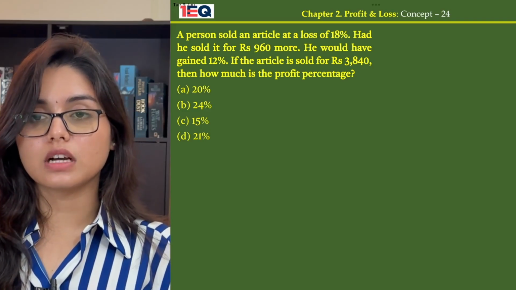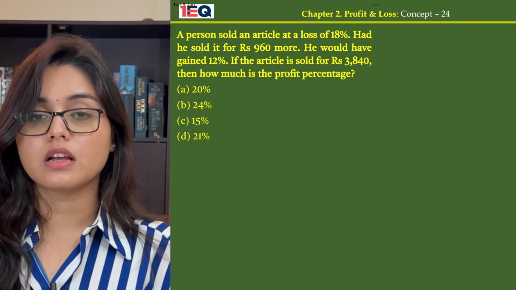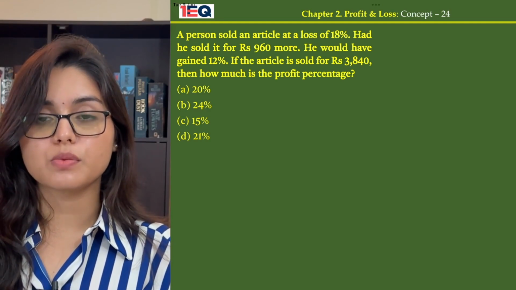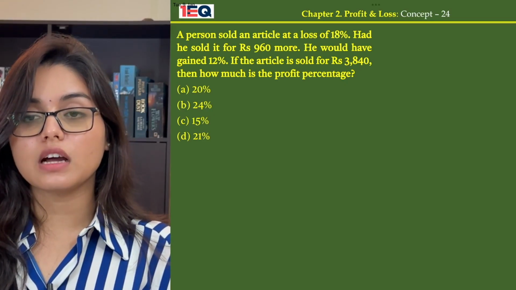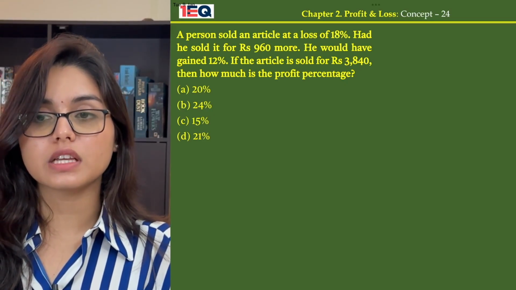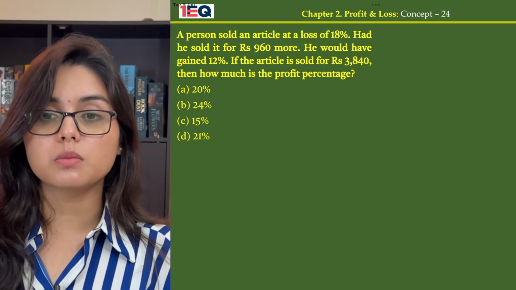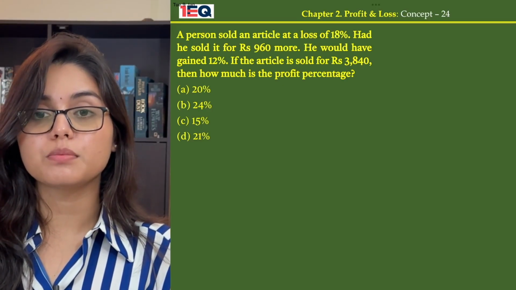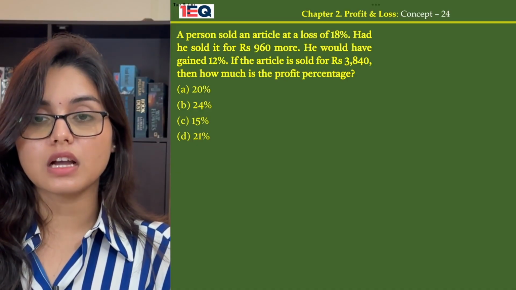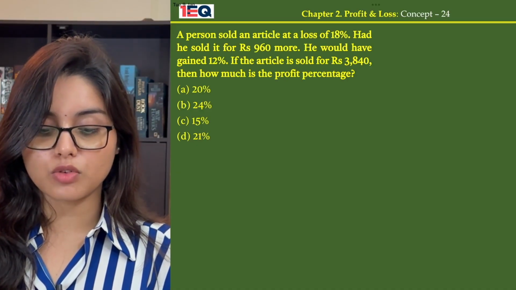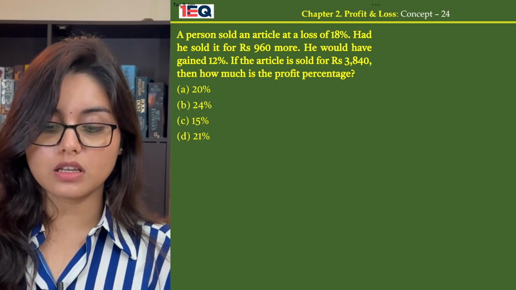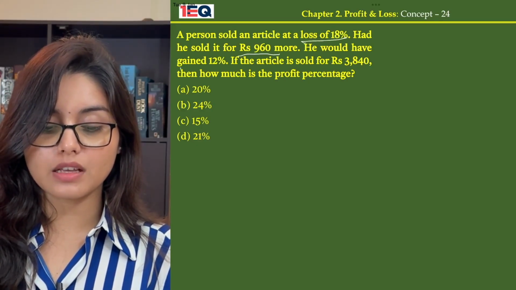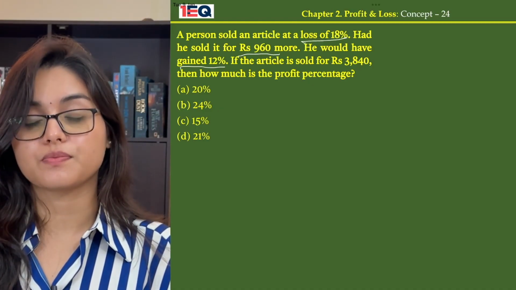A person sold an article at a loss of 18%. Had he sold it for rupees 960 more, he would have gained 12% profit. If the article is sold for rupees 3840, then how much is the profit percentage? In this question, if a person sells the article at rupees 960 more, not only will he cover the loss that he has incurred, but also make an extra profit of 12%.